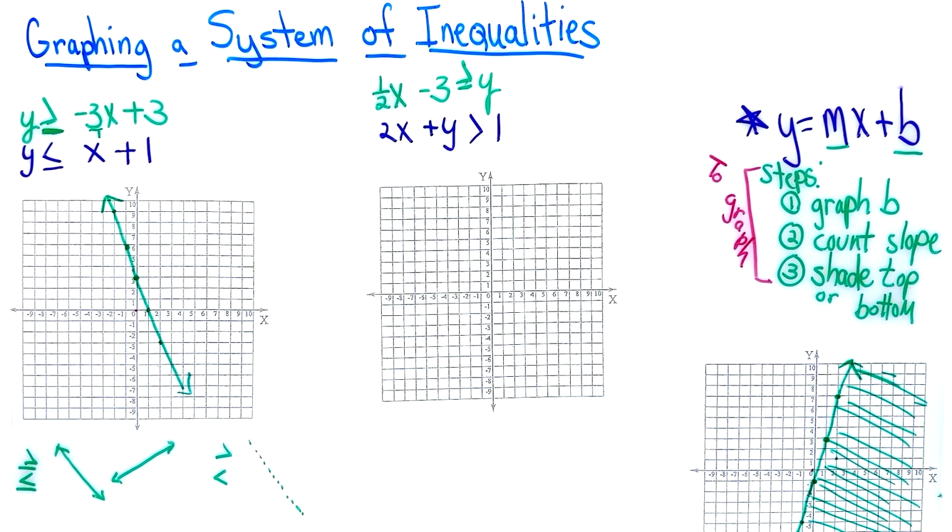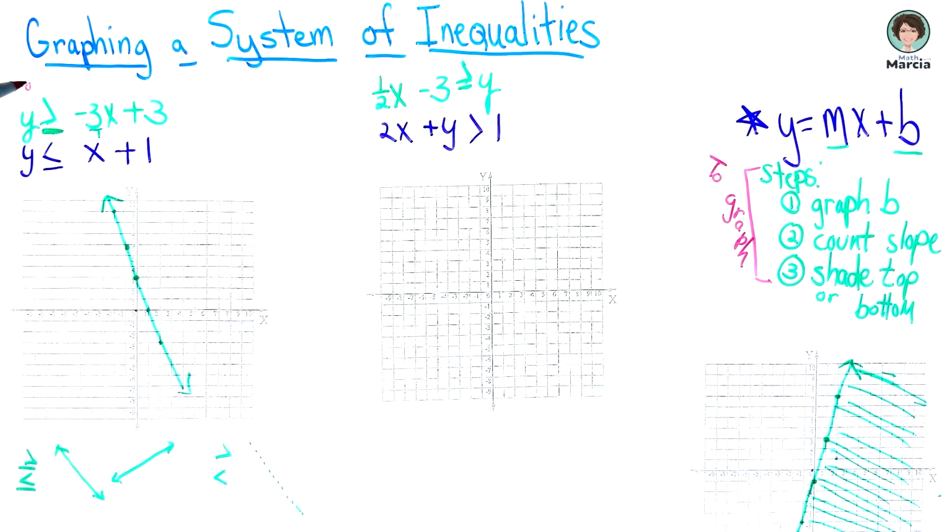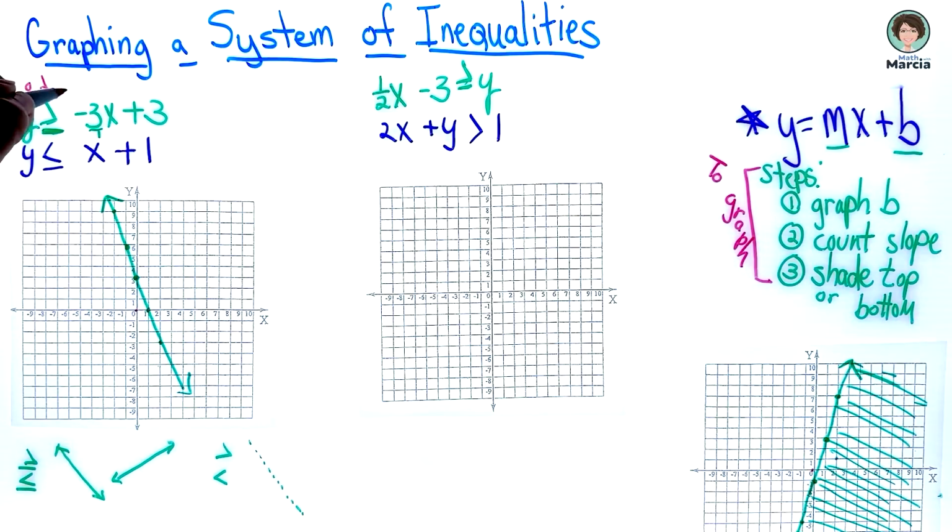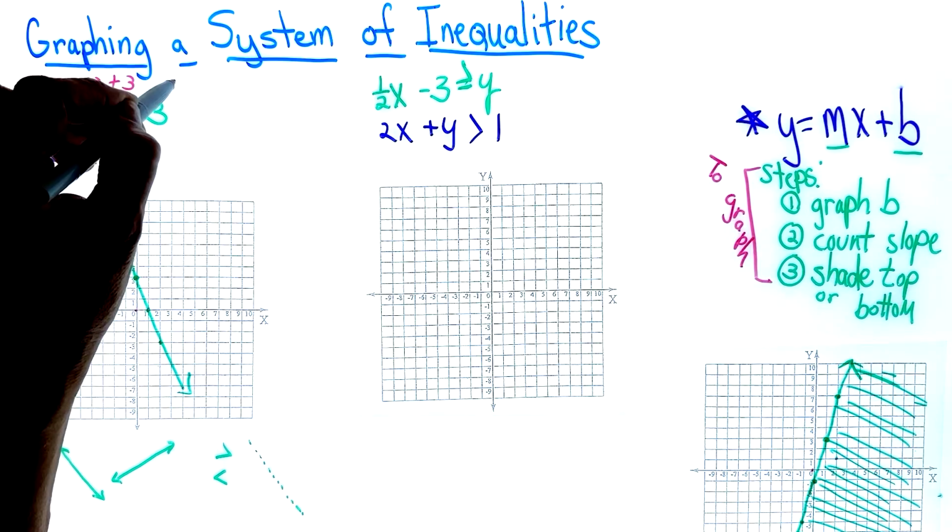So I'm going to substitute in the values for this inequality. 0 is greater than or equal to negative 3 times 0 plus 3. Well, 0 is greater than or equal to 3. Is that a true statement?